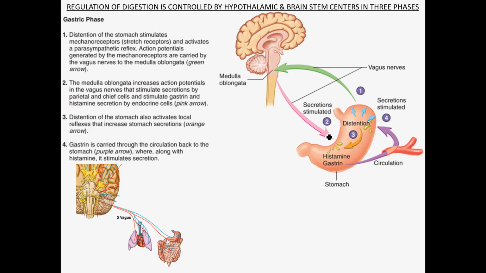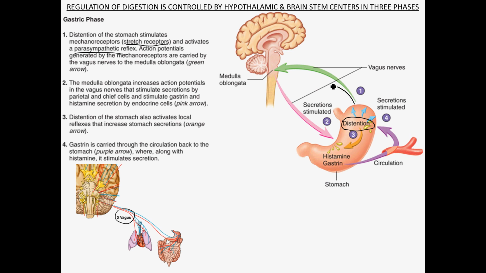The gastric phase involves first off the distension of the stomach, and so that is as food comes into the stomach, that stomach is going to stretch, and so as the stomach stretches, as we see over here, there are stretch receptors, and that activates this parasympathetic reflex. The parasympathetic nervous system, vagus fibers here, are going to send in action potentials.